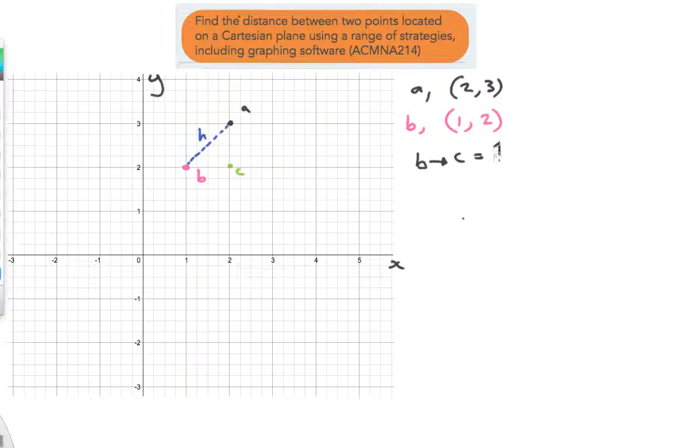One step. And that's just the same as the difference between 2 minus 1. And then C to A is the same as just 3 minus 2, which is 1.